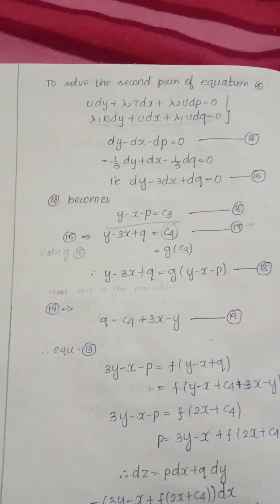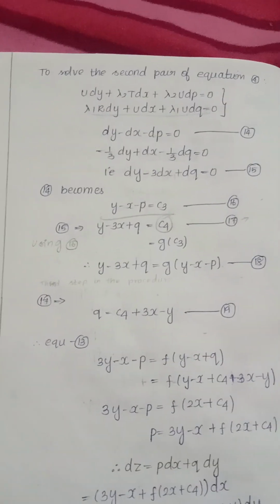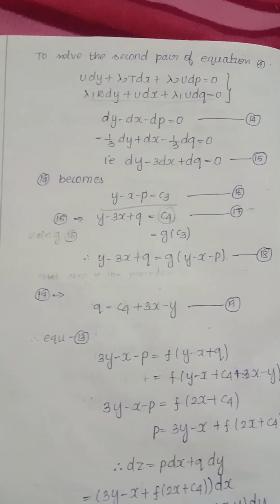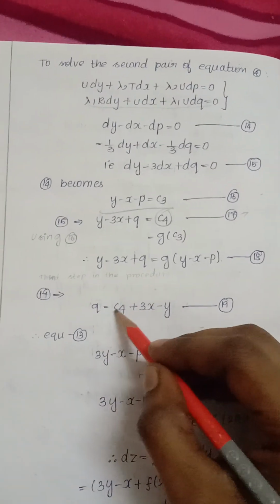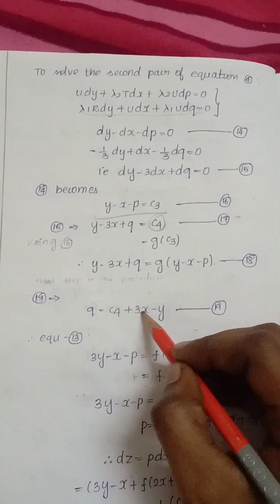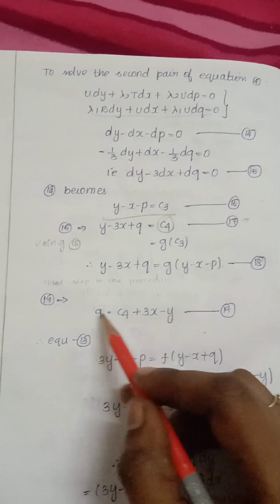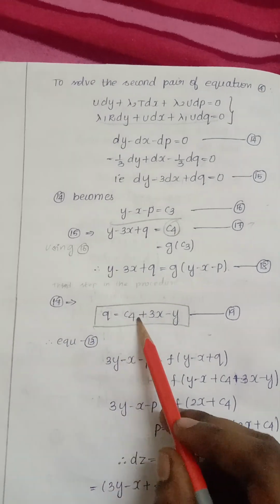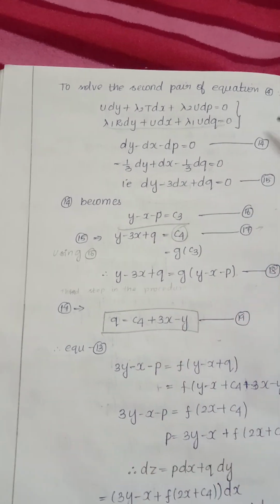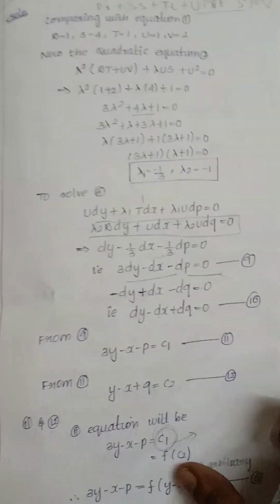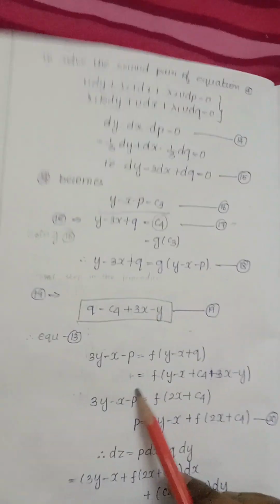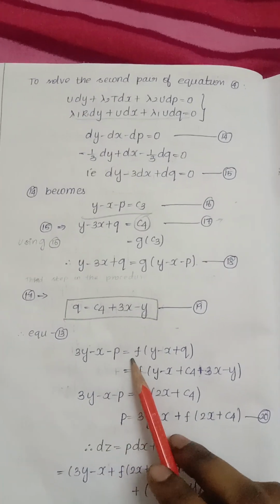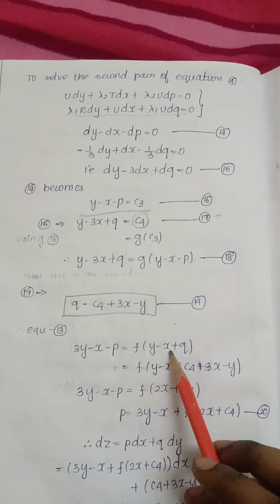Basically we have to find the value of q and p. So the q value will become c4 plus 3x minus y. This is our q value, and if we substitute the q value in the 13th equation, we get 3y minus x minus p equal to f of y minus x plus q.